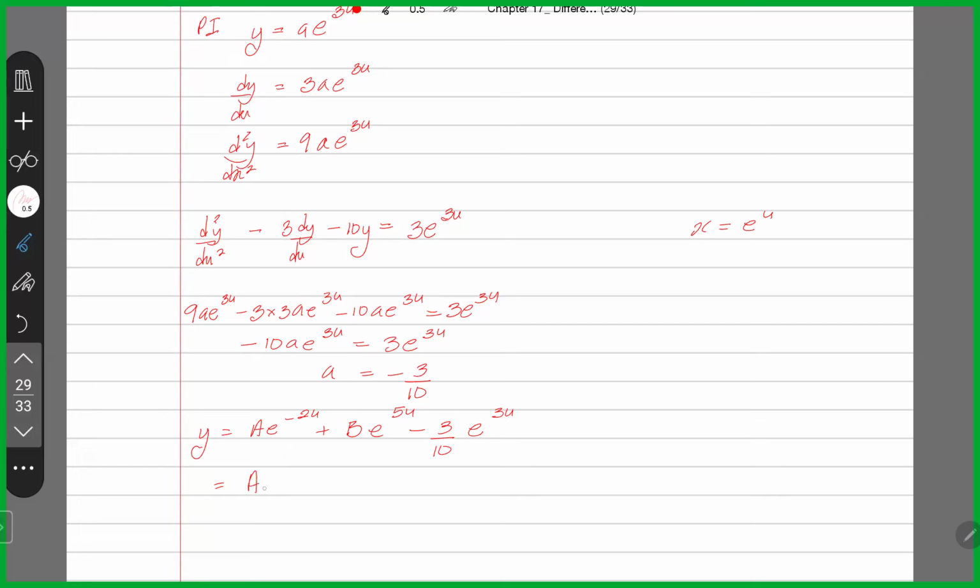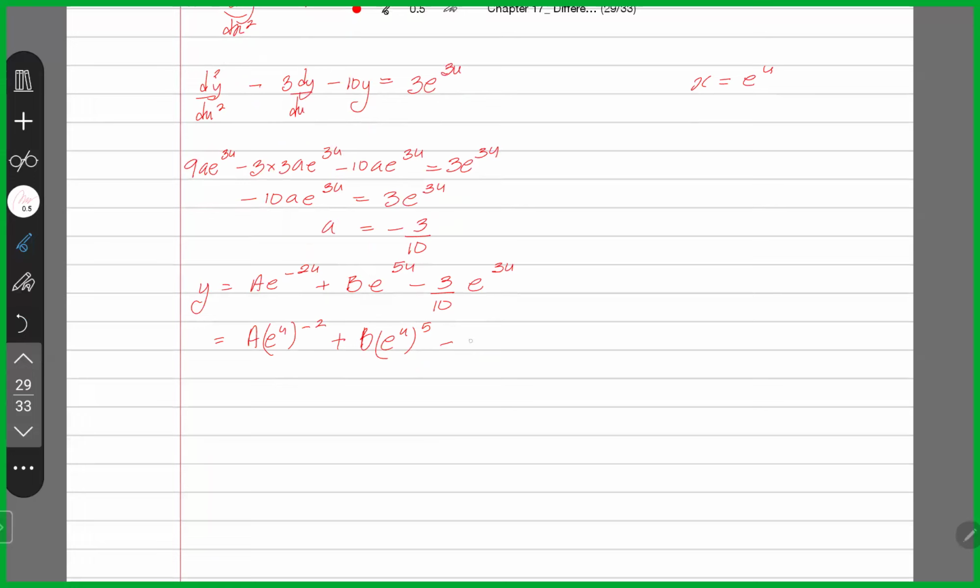We have a e to the u to the minus 2 power plus b e to the u to the 5th power minus 3/10 e to the u to the 3rd power. So now e to the u is equal to x.